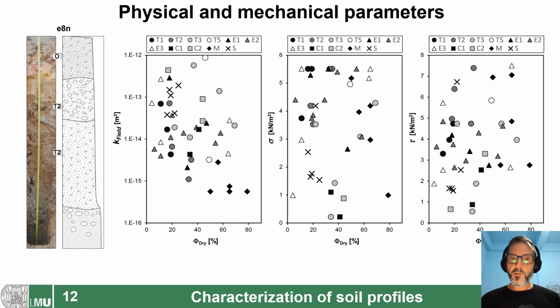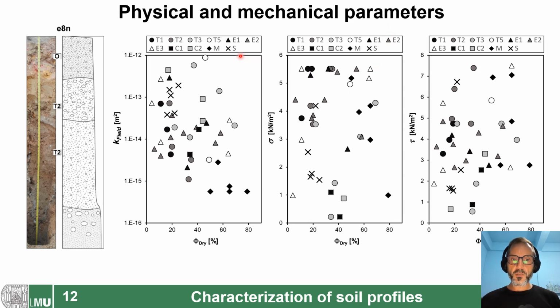Our measurements focused on the petrophysical properties and laboratory analysis of the soil samples, and the in situ measurements were complemented by some laboratory tests, for example, to determine their density and porosity. Here in this plot, we can see our permeability, compressive strength, and shear strength. They vary as a function of porosity and intrinsically due to their alteration state.